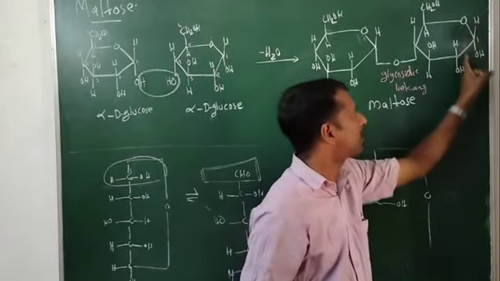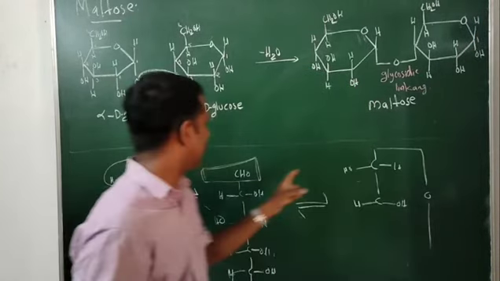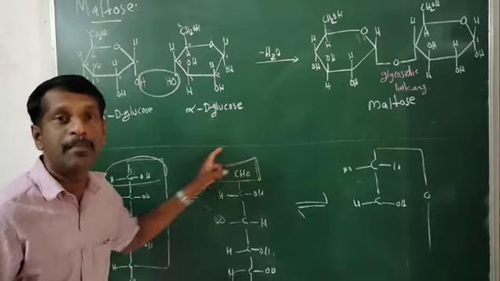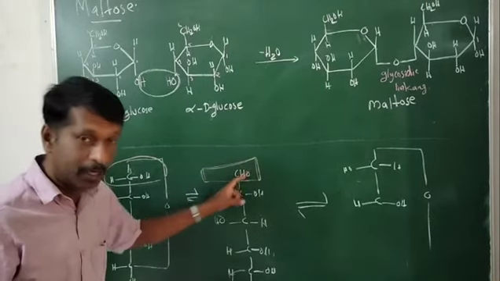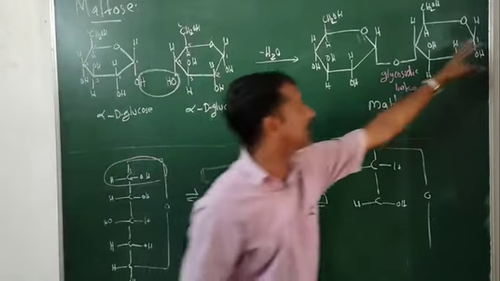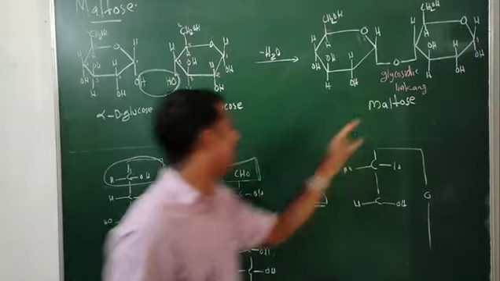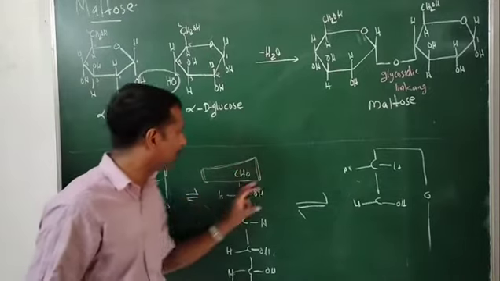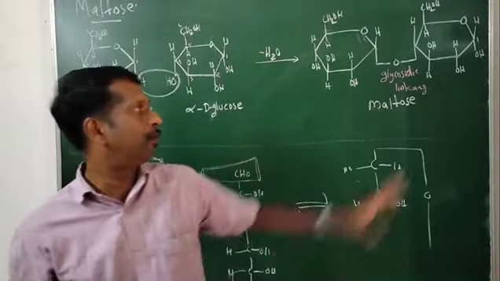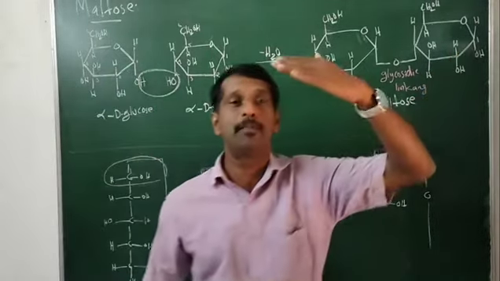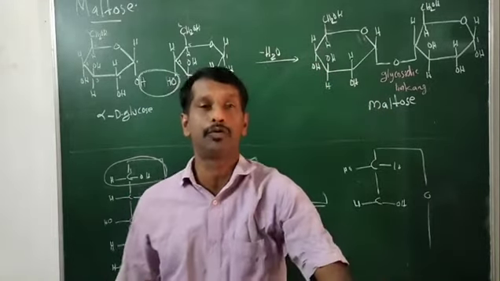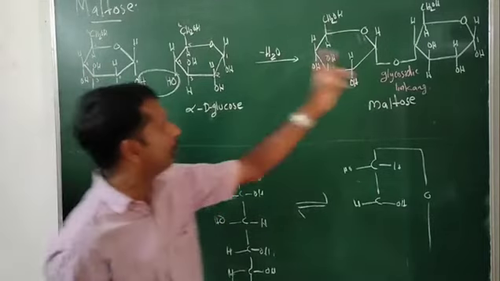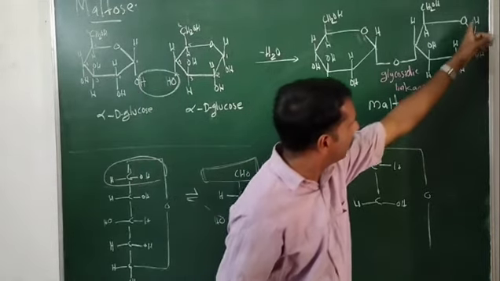So this carbon can exist in equilibrium with the aldehyde form. Very important point. This is a hemiacetal carbon. What do you mean by hemiacetal carbon? This carbon can exist in equilibrium with the aldehyde form in aqueous solution, and of course the next equilibrium is with the beta form.